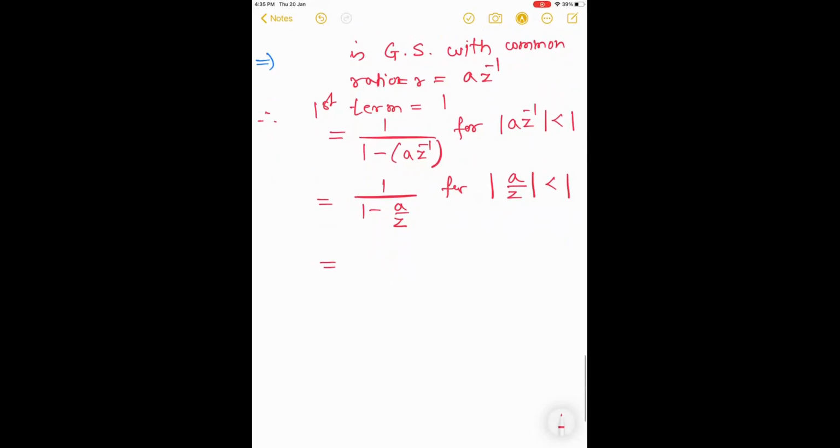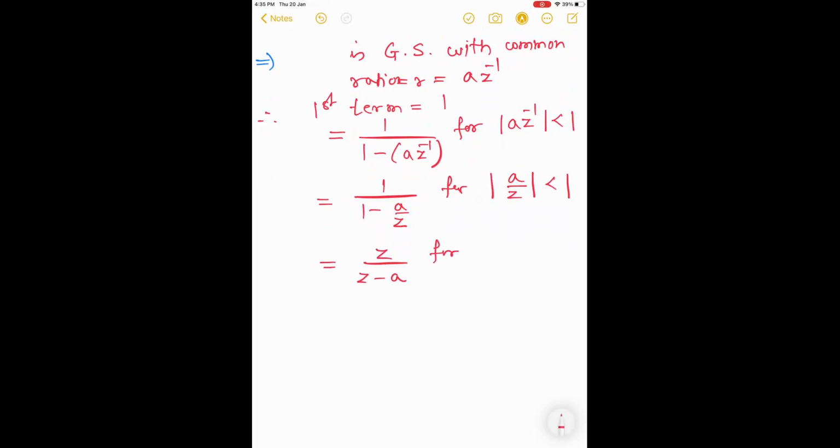And if you take the LCM and shift this z to the numerator, it will be z upon z minus a, for what do you write? Modulus of z greater than mod a. Am I right?